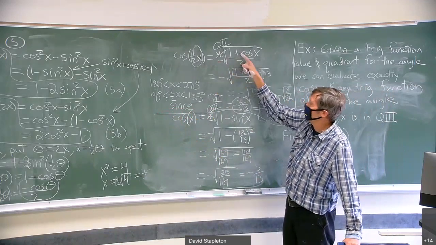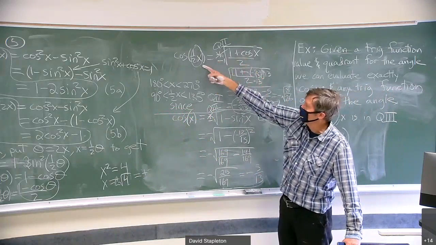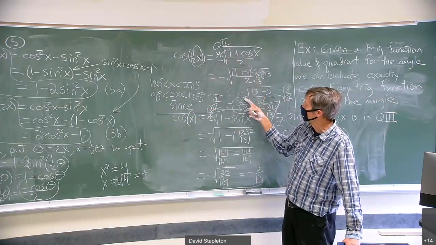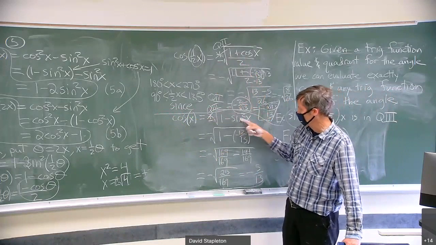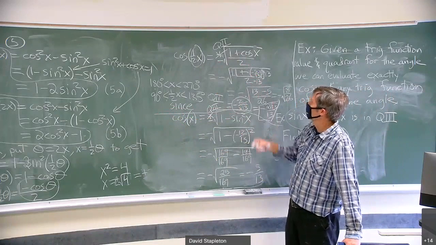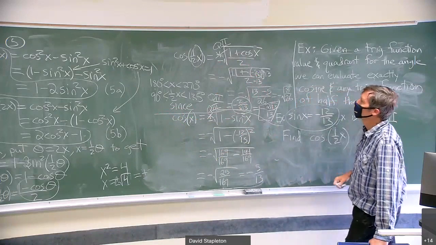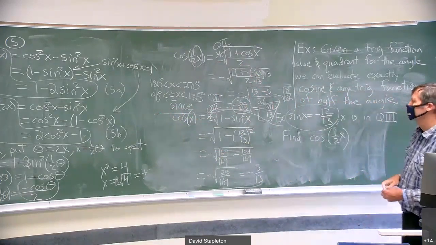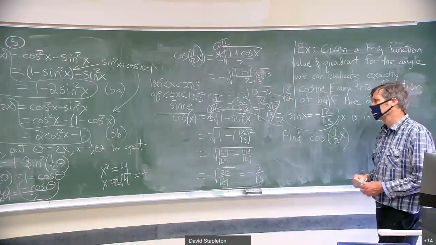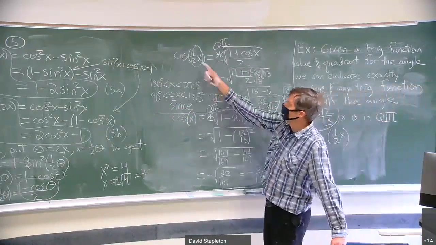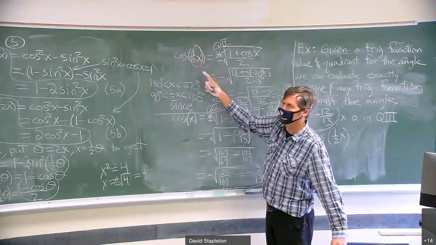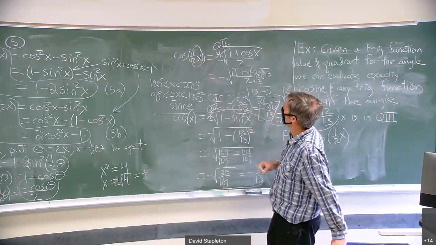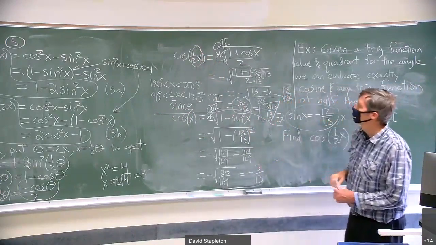Write out what it is by the half angle identity. Whenever you see this half angle, write the half angle identity. Then figure out what you need. Cosine x is that, and plug it in. That's all there is to those. It is tricky, I guess I should say, because you have to figure out what quadrant half the angle is in, given the original angle's quadrant.